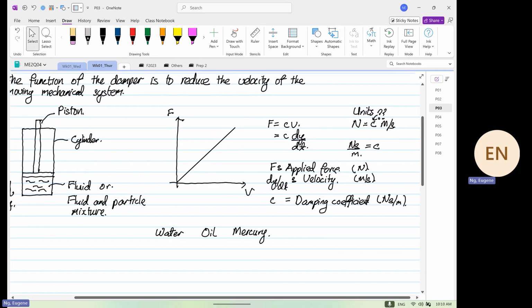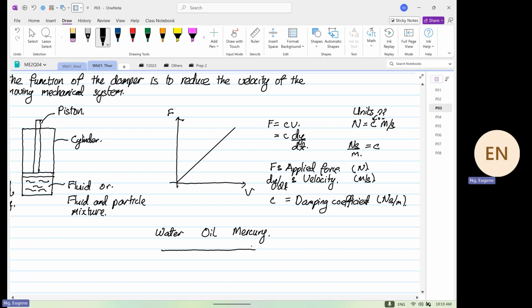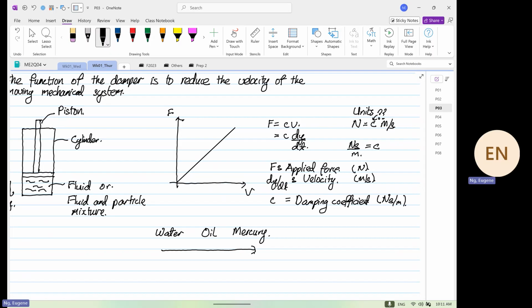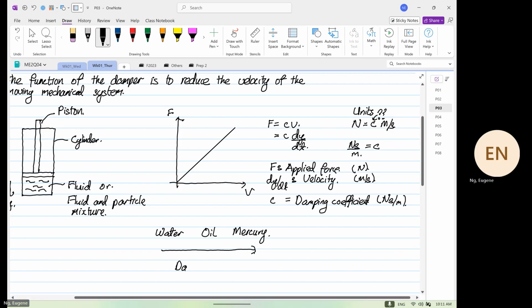So what happened is when you move from water, oil, or mercury, over here the damping coefficient increases.